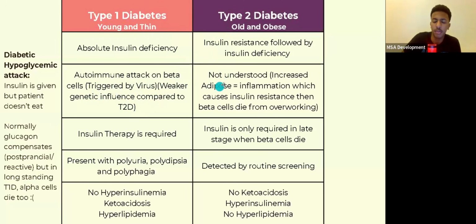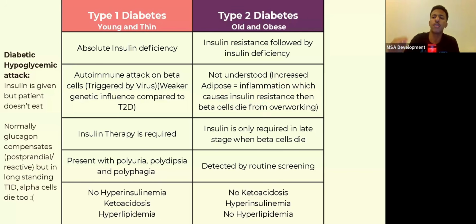And then the pathogenesis for type 2 diabetes is not completely understood, but they say that it's due to the increased adipose tissue, and therefore there is more inflammation, which causes insulin resistance. And then, since the cells, the muscles, the adipose are insulin resistant, the beta cells must produce more insulin.